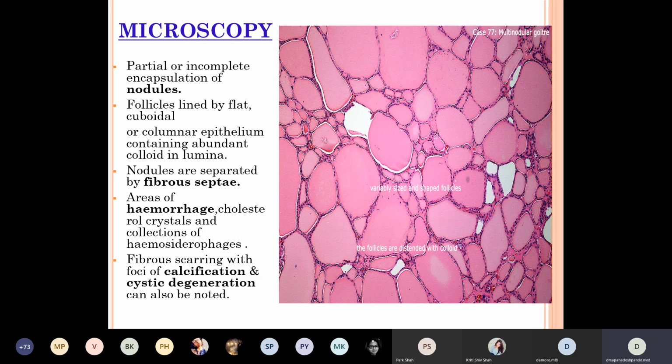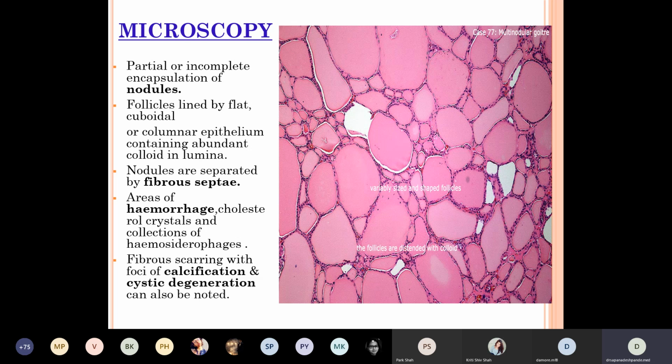I will show the next diagram, where I will show you the cholesterol crystals and a collection of hemosiderophages. Why will there be hemosiderophages? Because the hemorrhage will be there. So after some time, macrophages will be present with hemosiderin in them. So this is colloid, hemosiderophages and fibrous scarring with foci of calcification and cyst degeneration.